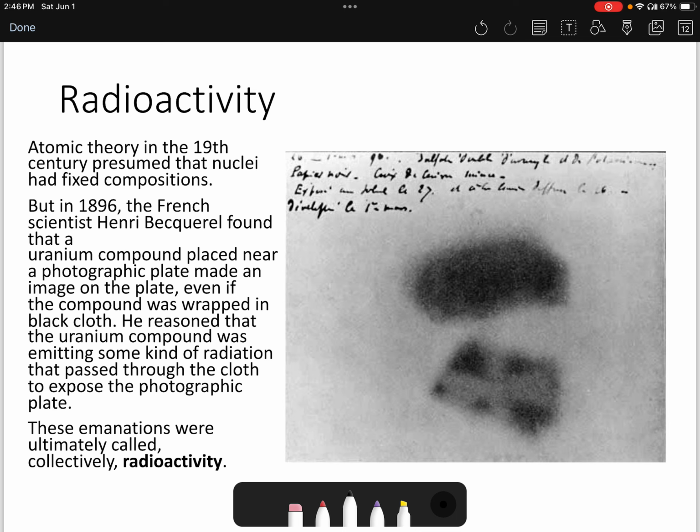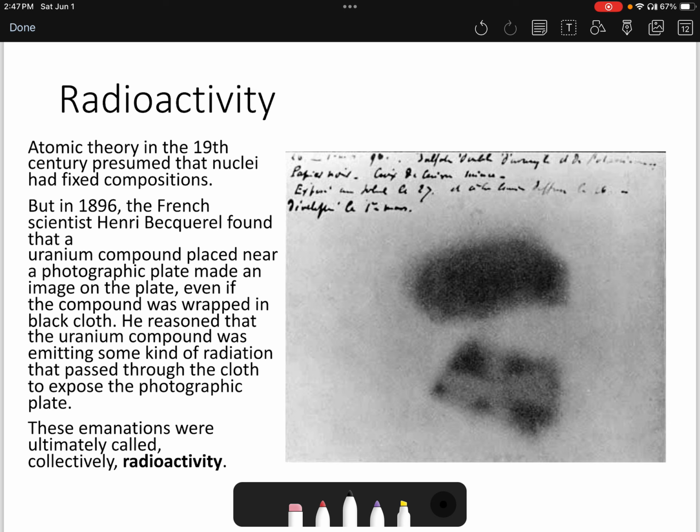This is really what nuclear chemistry involves. In the 1800s, it was presumed that the nucleus of an atom didn't change, it just stayed the same.